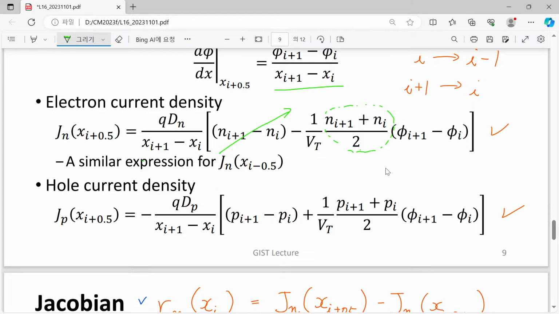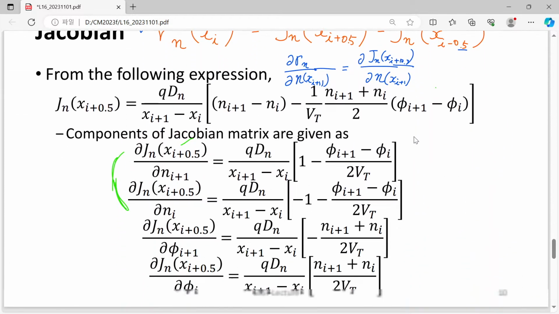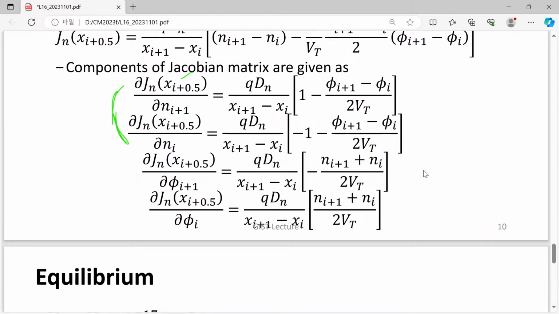Then if we wanted to calculate the partial derivative with respect to phi I plus 1, then it will contribute minus 1 over Vt times n I plus 1 and I. That's it, because this one contributes to 1. So now you know that we have this form and another form.